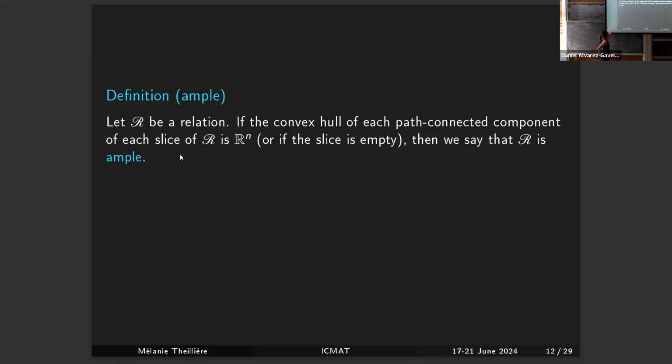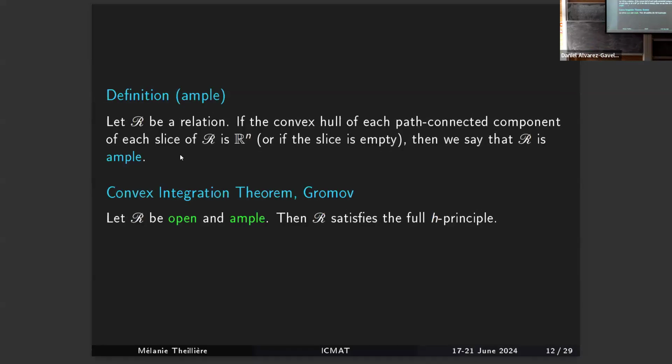If we have a relation, and if the convex hull of each path-connected component of each slice of R is R^n, or if the slice is empty, then we say that the relation is ample, which is the usual assumption in convex integration. So Gromov states this theorem: if the relation is open and ample, then the relation satisfies the full H principle.